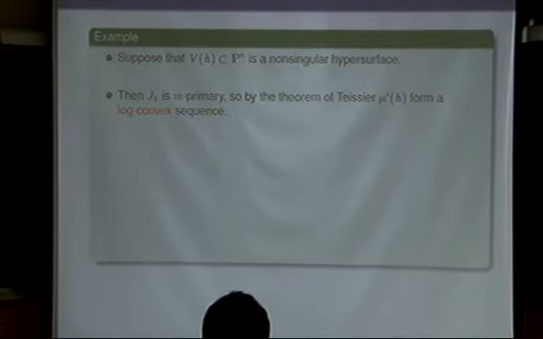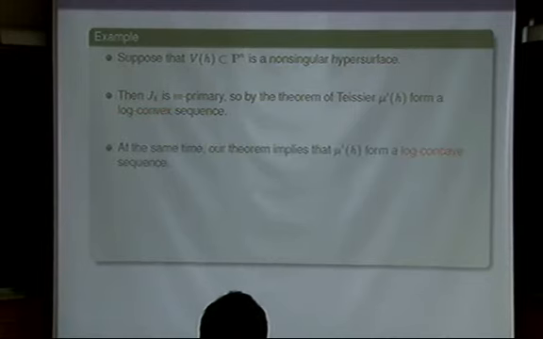So our invariants mu IH form a log convex sequence. But I say that mu IH form a log concave sequence in any case. So we have some sequence which is log convex and log concave at the same time.